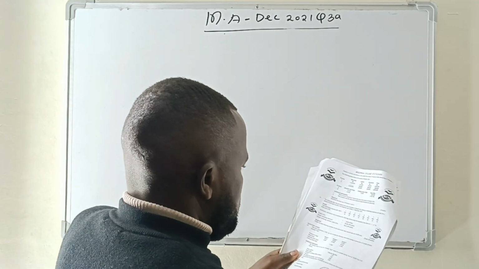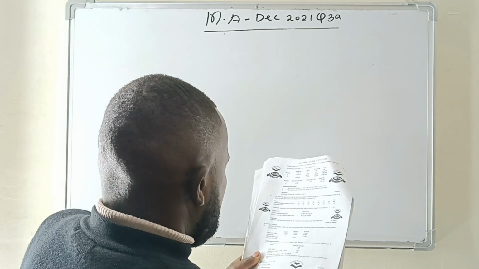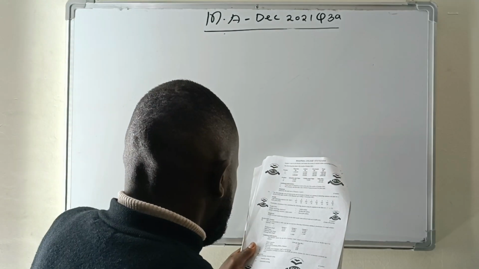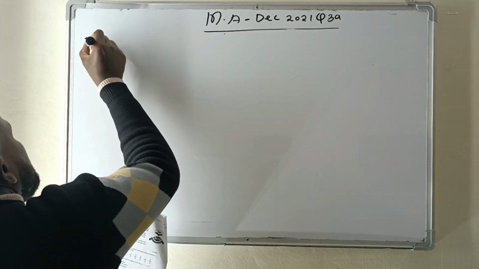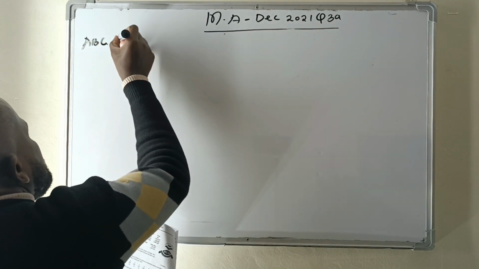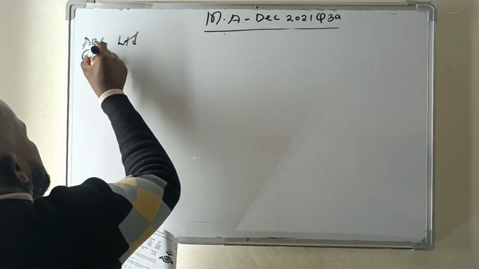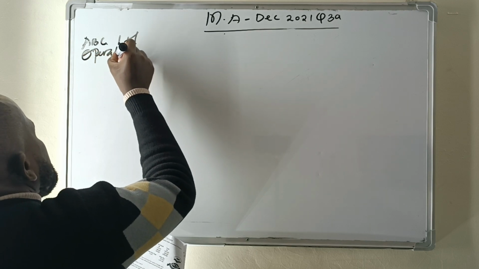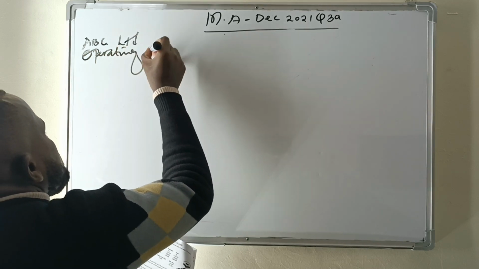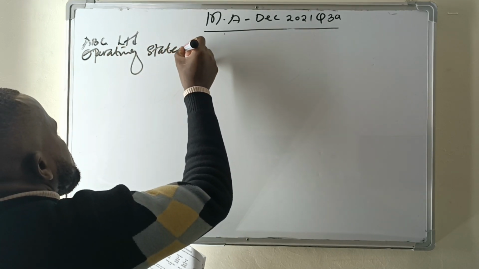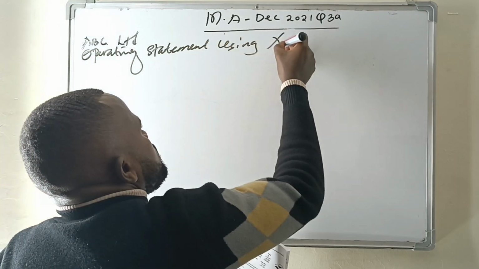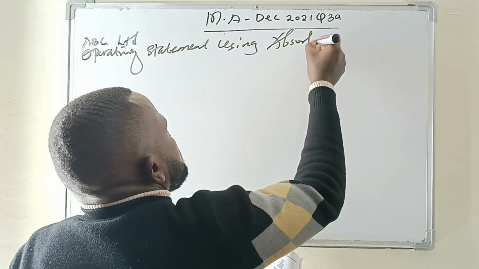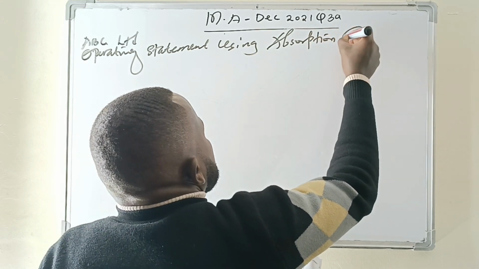Okay, so this is the question. It's the operating statement. The company is ABC Limited, operating statement using absorption costing.